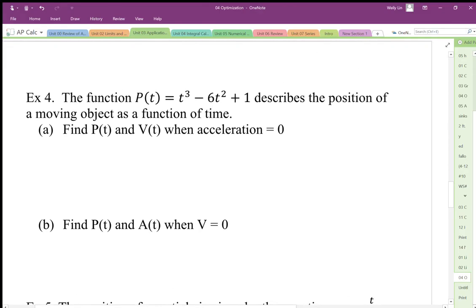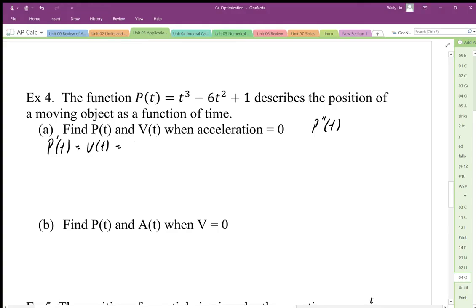So we have to find the acceleration expression. The acceleration is going to be the second derivative of P, so first of all we need to find the first derivative, which is equivalent to the velocity function.